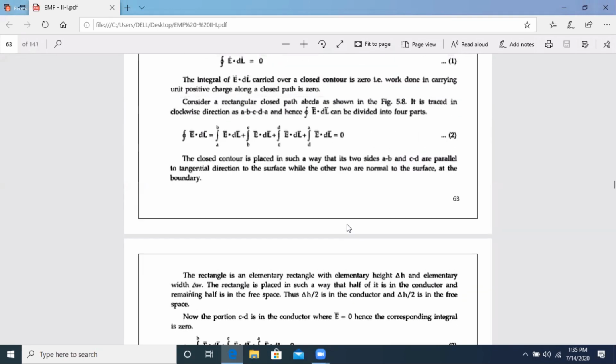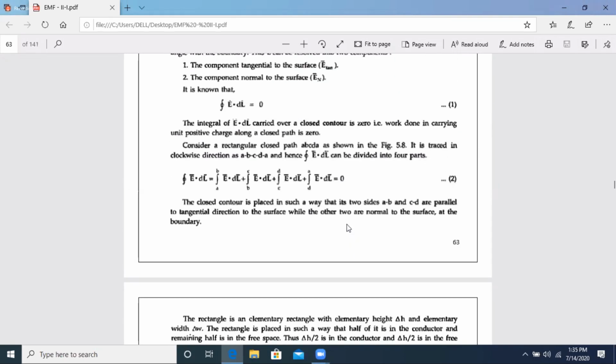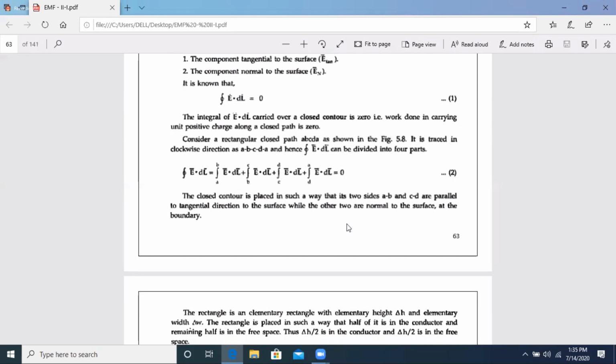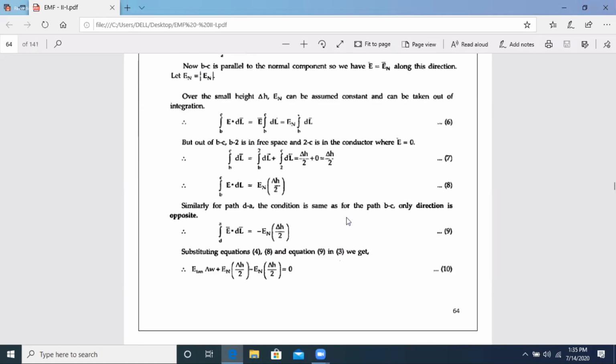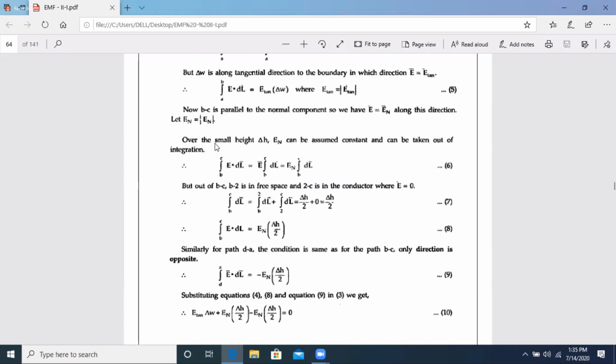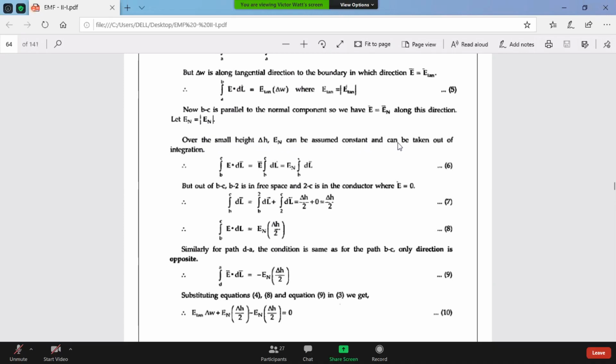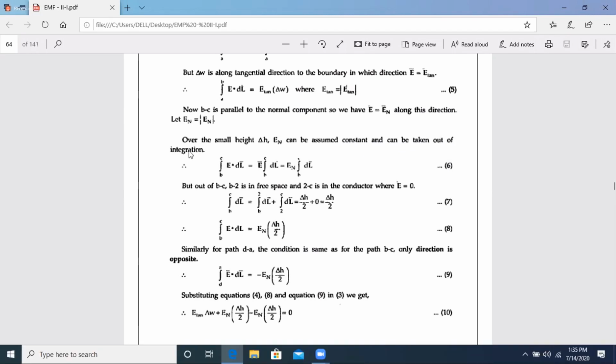Okay. Over the small height, delta H, E normal can be assumed constant and can be taken out of the integration.